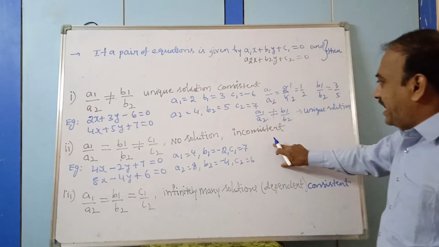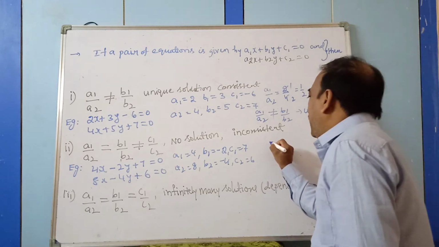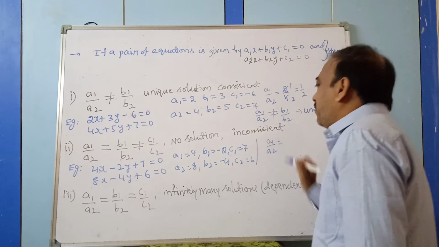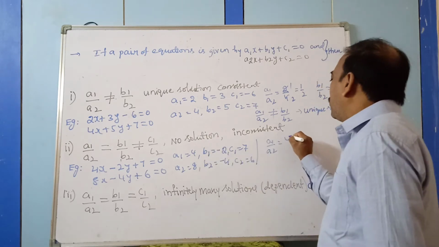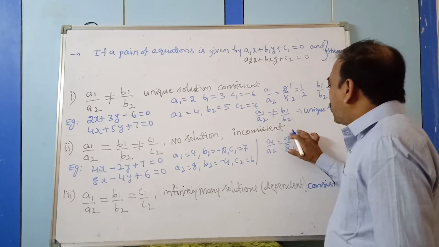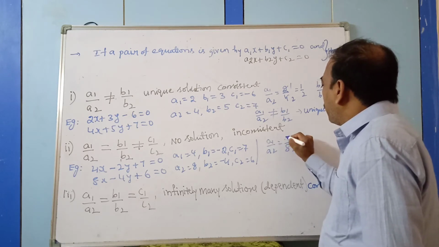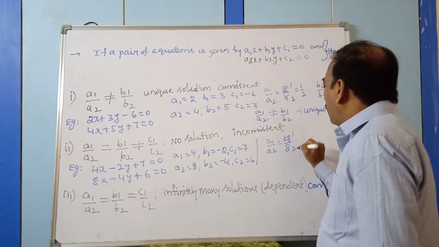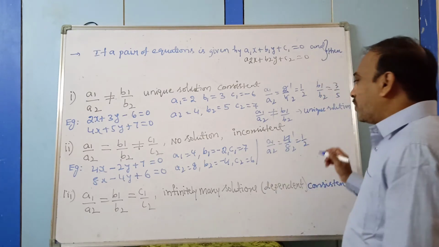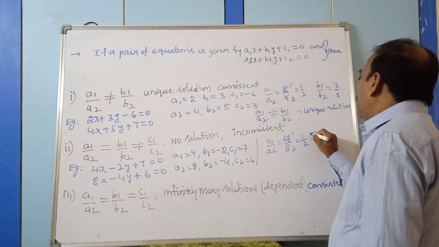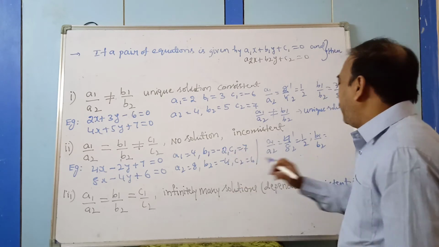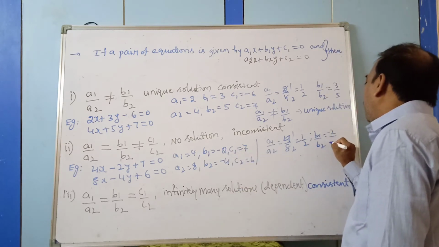Now I am writing the ratio A1 by A2, which is 4 by 8, which is equal to 1 by 2. Next, B1 by B2 is minus 2 by minus 4.